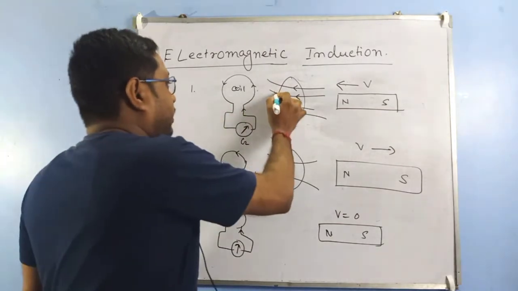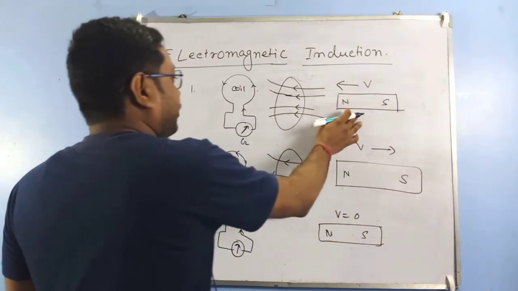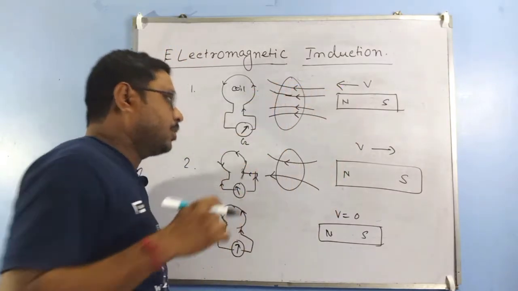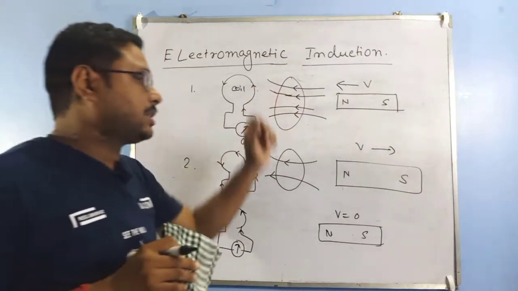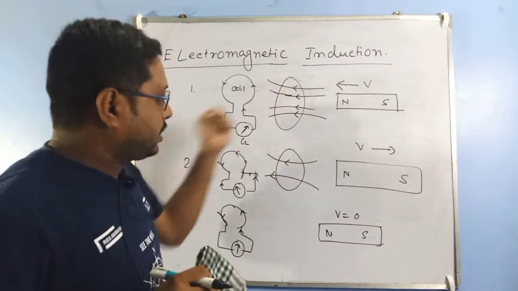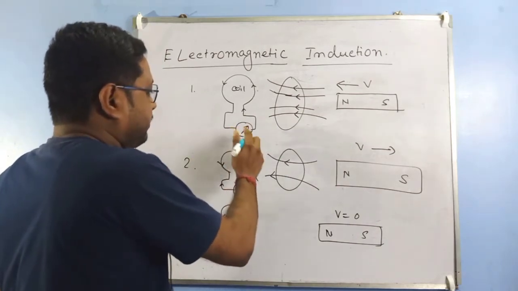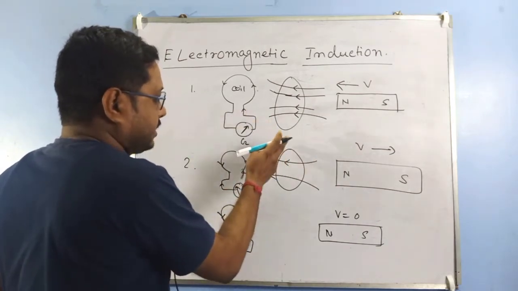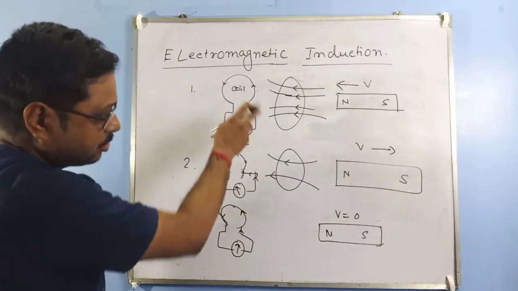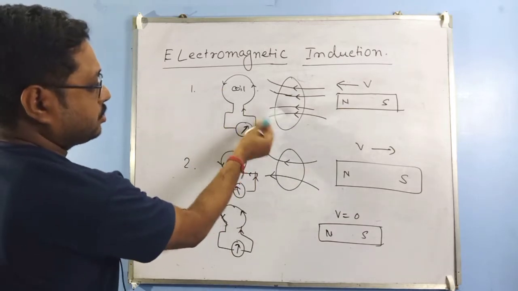He observed that when a bar magnet with its north pole facing the coil is moving towards the coil with a velocity v, the galvanometer shows deflection towards the right. If this is the 0 position, it shows deflection from steady 0 to the right.